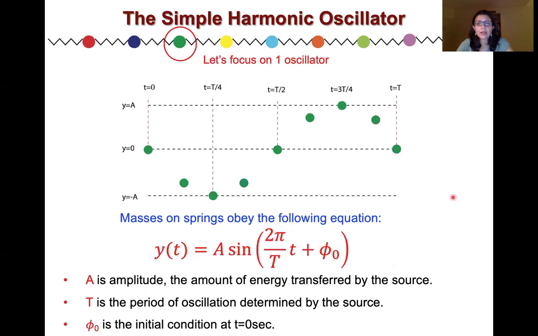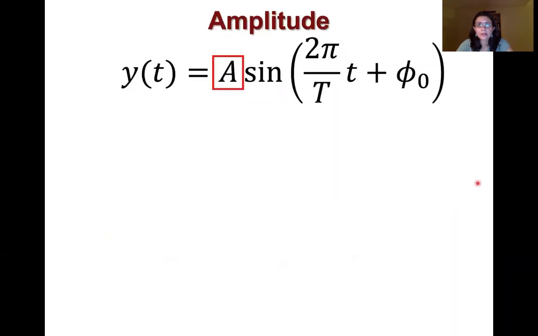All right, so let's see how each variable changes the way this function behaves. You can see here, t is your variable. This is how y, which is this displacement from equilibrium, is changing as a function of time, t, where all these other things like A, capital T, and phi naught are constants for a particular wave.